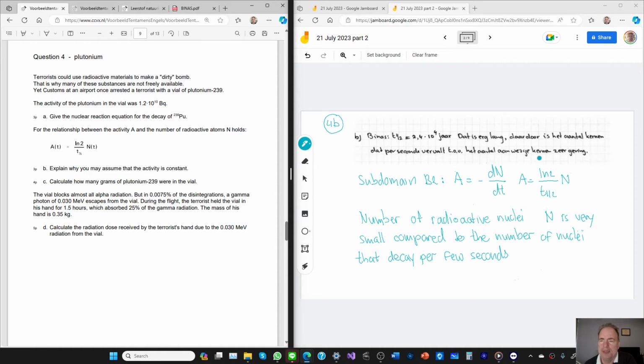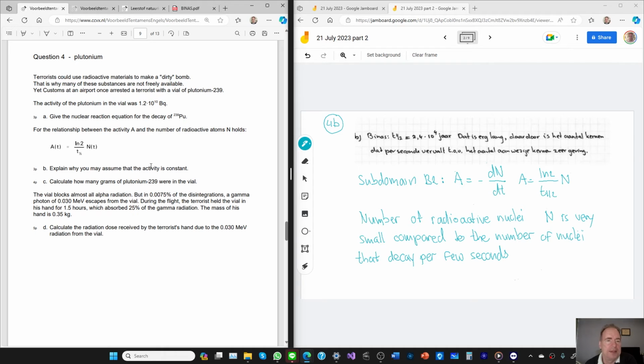So in a few seconds, the number of decays will be a pretty small percentage of the number of radioactive nuclei you have, given by N. So what you have to do is multiply this by the time period you're talking about.